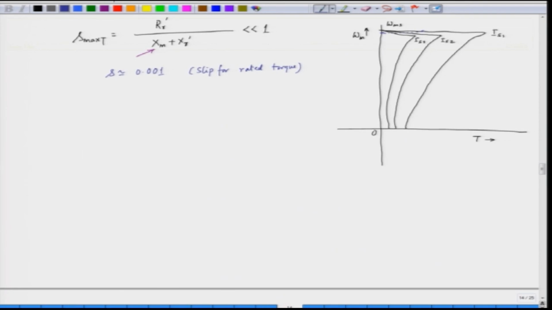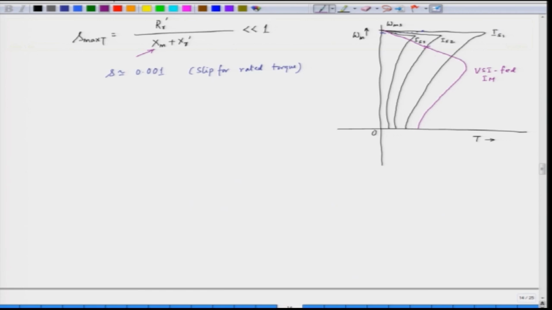So, it is not advisable to operate it here, and if we plot the corresponding VSI fed induction motor, the rated slip is much higher than that. So, this is the operation which is corresponding to the rated value of flux.